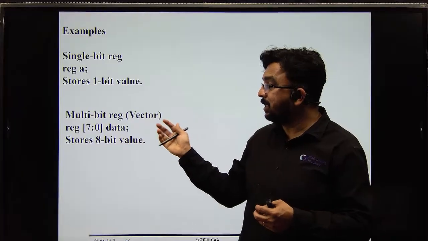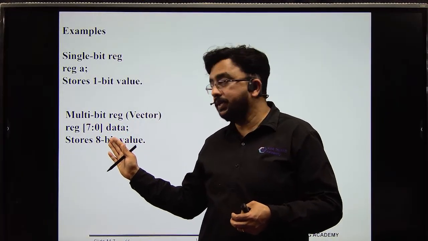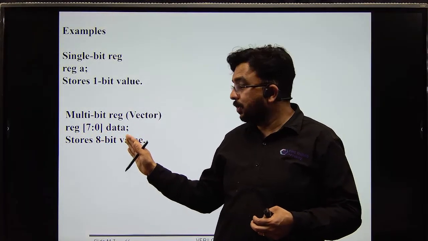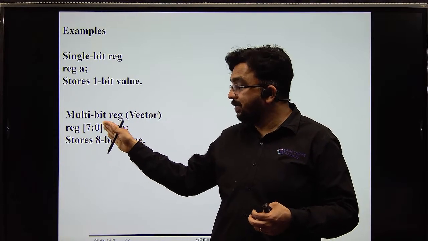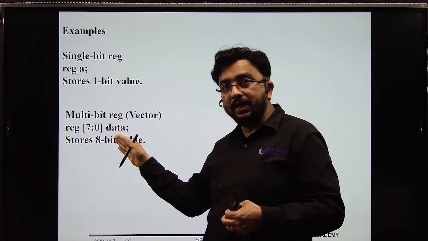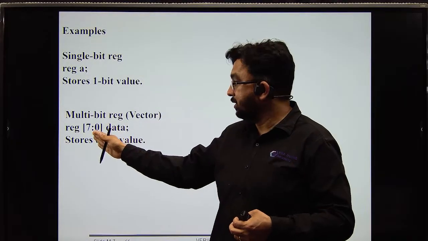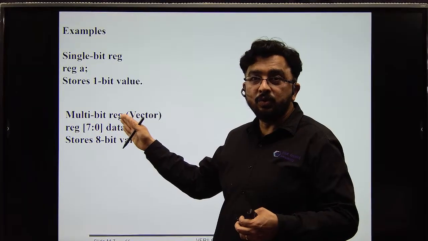A vector is basically divided into two parts, MSB and LSB. This is your MSB and this is your LSB. Wherever you start, 7 to 0 means 7 is to 0, so the bits are 7 6 5 4 3 2 1 0, and your MSB always starts with 7. Similarly, you can also write 0 to 7.